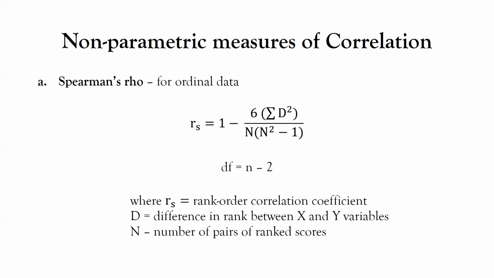And this is its formula, and to get the elements of the formula, you need to do an expanded data table for Spearman's rho, wherein you basically, how do you call this? Rank the scores. Rank the individuals in your sample base, rank them on X and rank them on Y, and get the difference in the rank between X and Y variables.